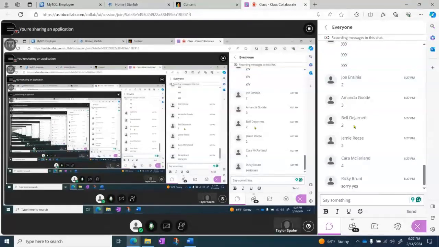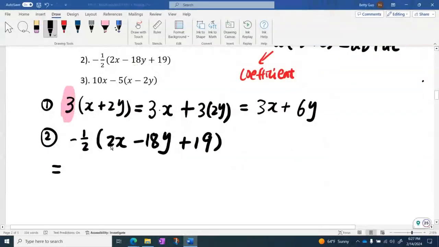Oh, yes. Okay. All right. So my question was, in the parentheses, how many terms do we have? Yeah, I saw 2, I saw 3, I saw 4. Well, this is not a difficult question, by the way. How many terms do you see?